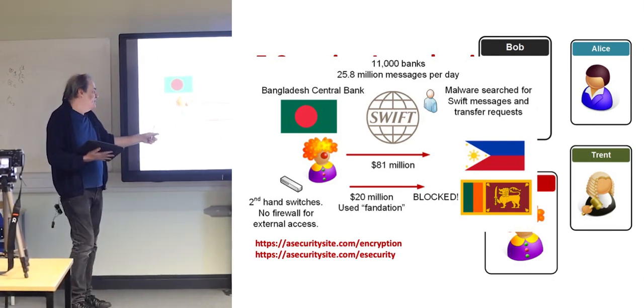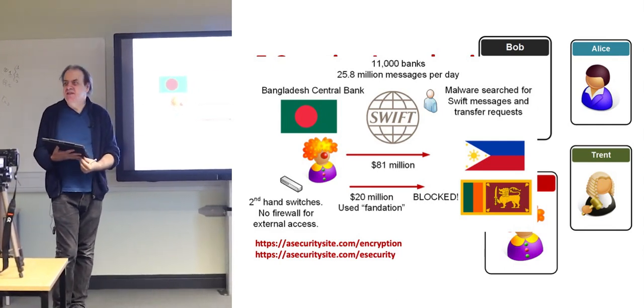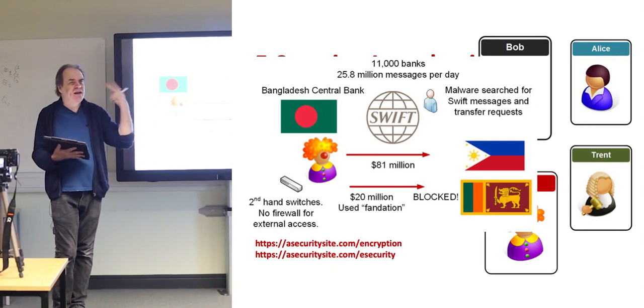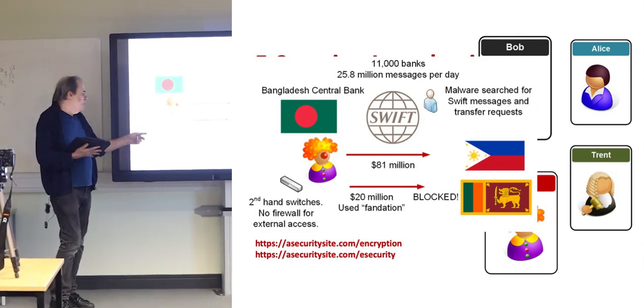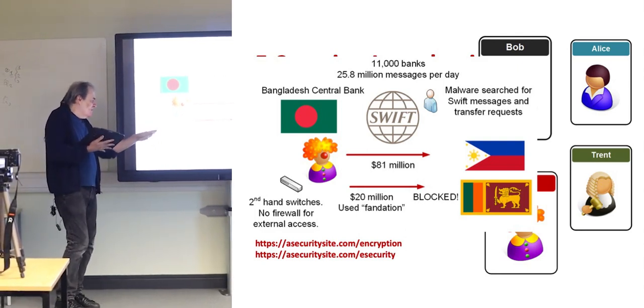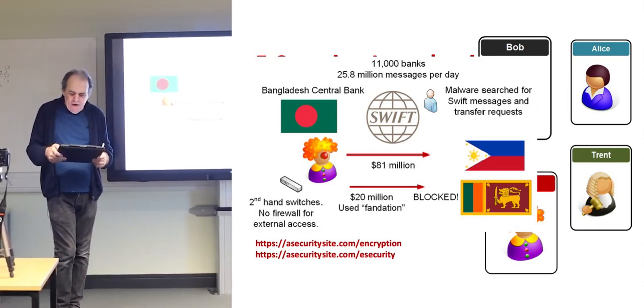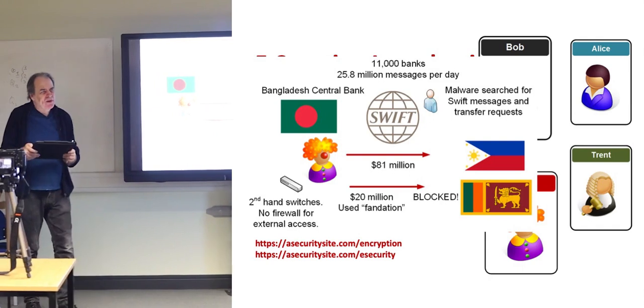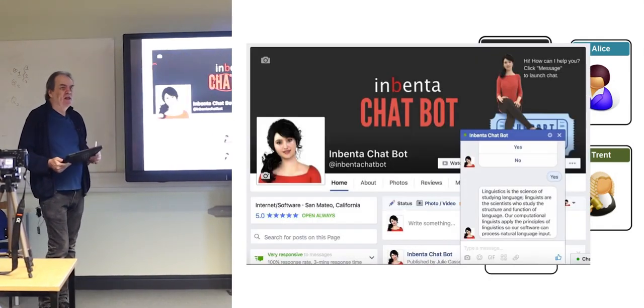And it's unfortunate because the bank didn't have 24/7 security operations centres and the latest patches and updates and security teams and analysts and threat hunters and so on, because they had things like second-hand switches and no firewalls. Okay, so it's a changing world, and we really need to understand how trustworthy our systems are.